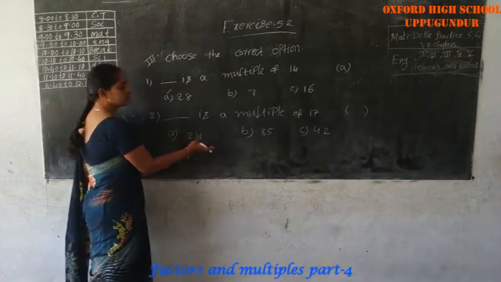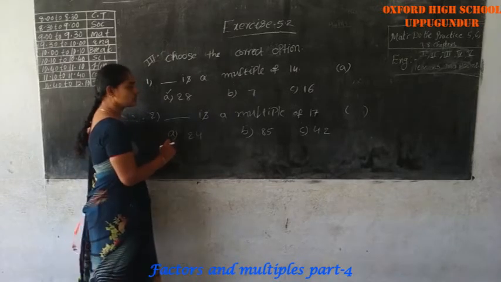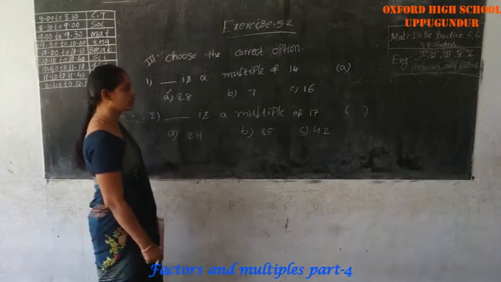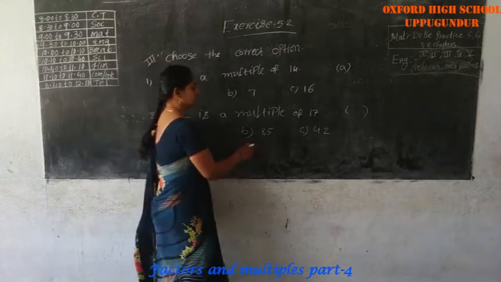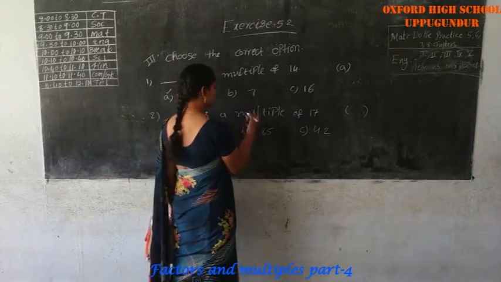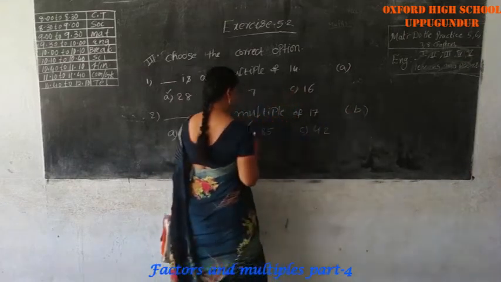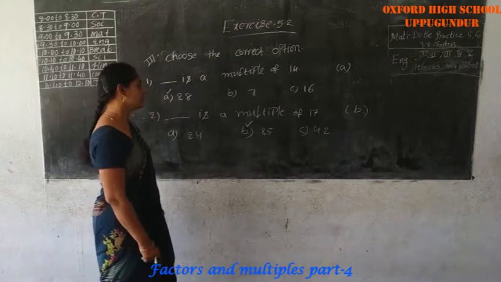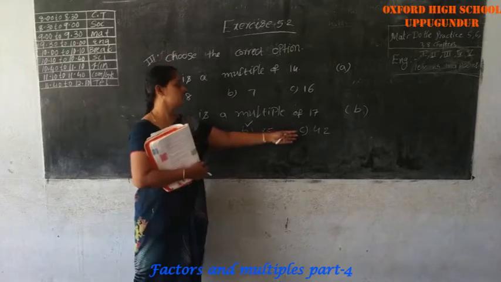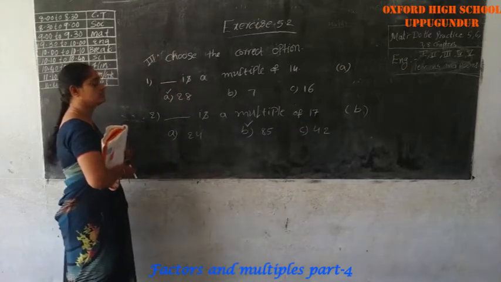In the 17 table, which one is possible? 17 twos are 34. The given value 24 is not a multiple of 17. Next, 85. 17 fives are 85. So this one is a multiple of 17. 85 is a multiple of 17. Next, 42 is not a multiple of 17.